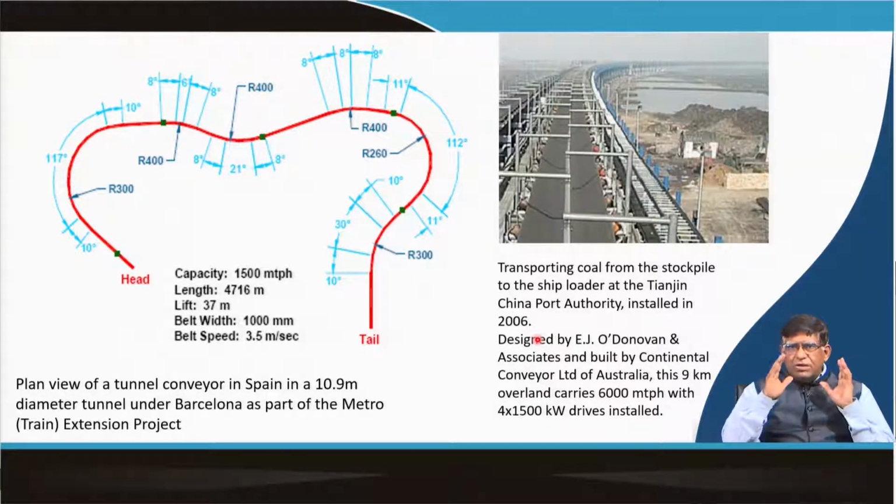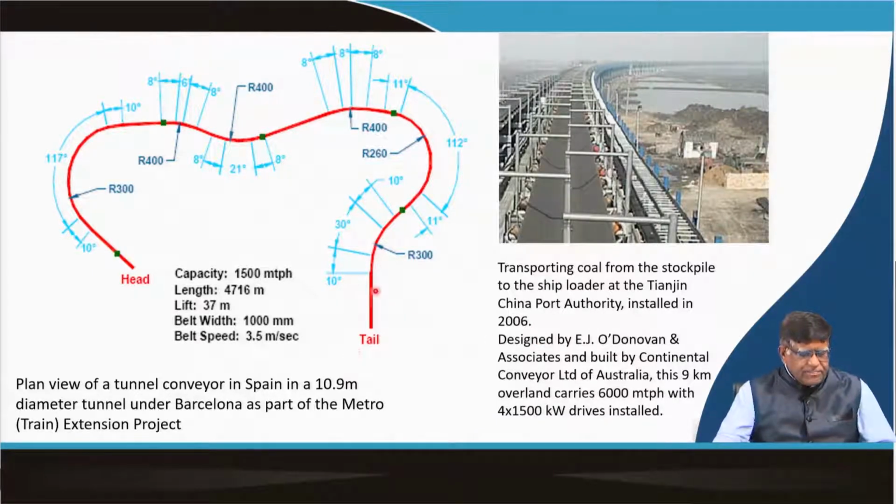Just to keep yourself aware, there is a high capacity conveyor belt of 1500 capacity in an underground metro railway network.